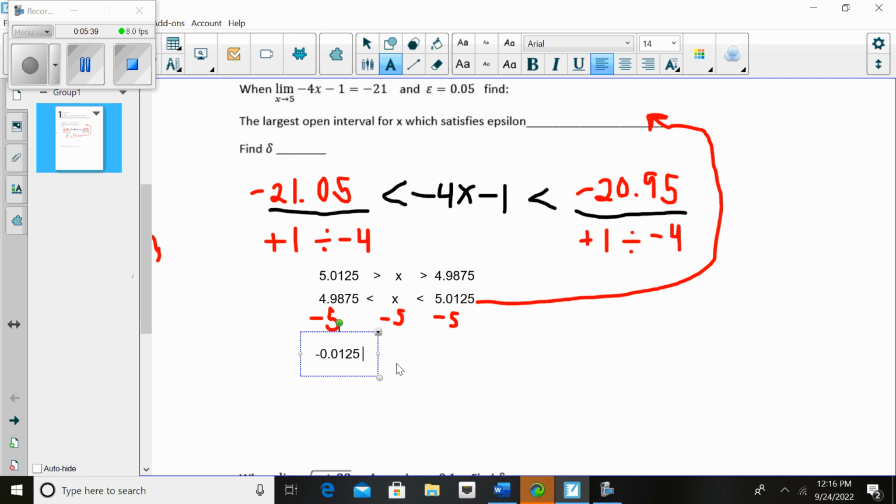So remember, delta is defined as a distance, so by definition it is positive. 0.0125, and so that's our answer for delta. Find the value of delta. Don't have to make a decision because it's the same on both sides. So here's my answer for delta.